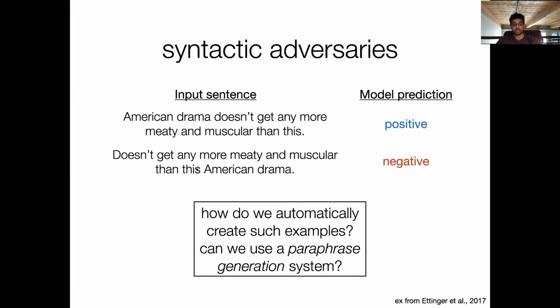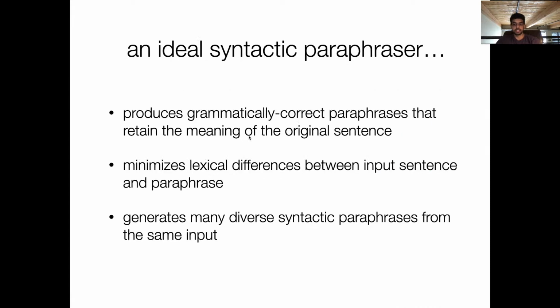So I know that the second sentence has the same label as the first sentence because it's a paraphrase of the first sentence, right? So I know that when the model gets it wrong, this is something to be concerned about, because this one should have the same label as the original sentence.